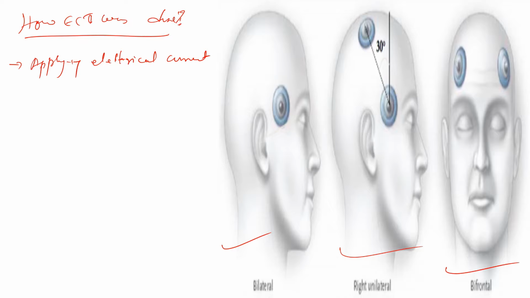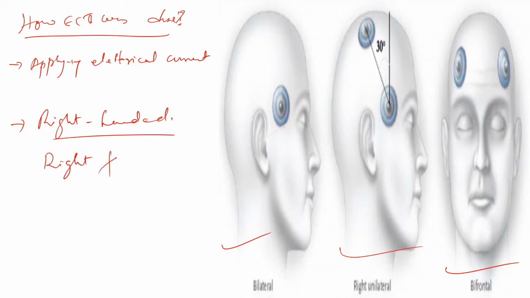For example, if a person is right-handed, the electrodes will be applied in the right frontal or right temporal region.